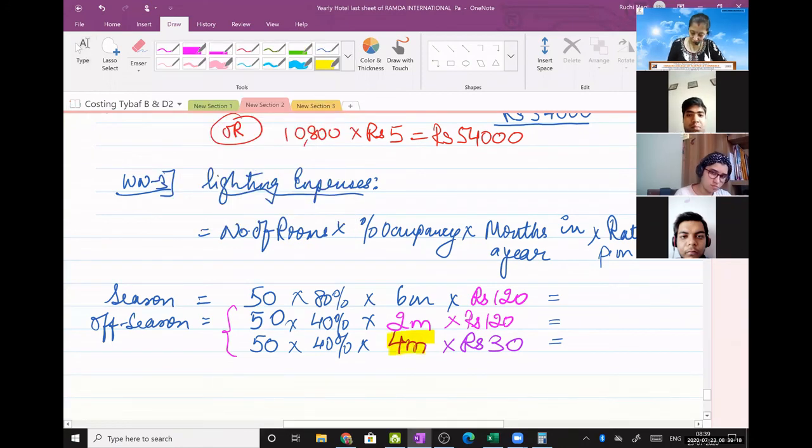For 4 months, they are going to charge 30 and the rest they are going to charge 120. Am I clear with this working note number 3? Acknowledge it in the chat box. They have clearly said it is going to be 120 except for 4 months of winter. Winter means off season, it will be 30. The rest it is going to be 120 throughout.